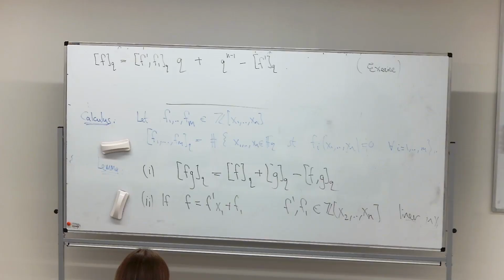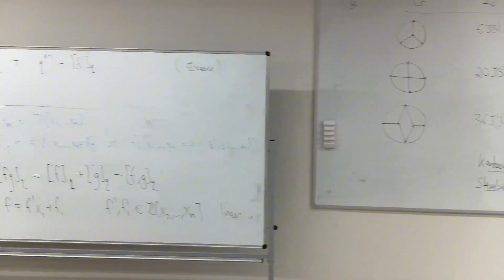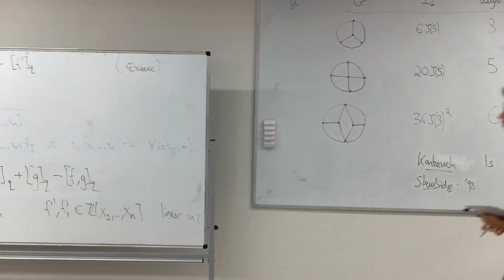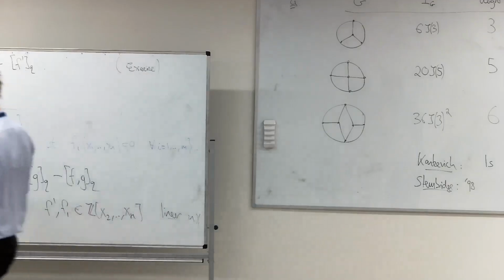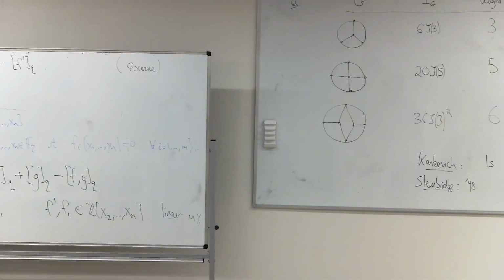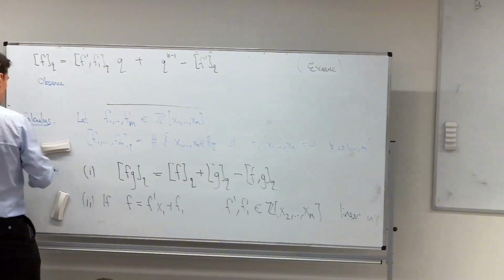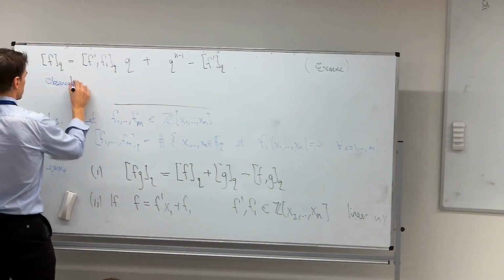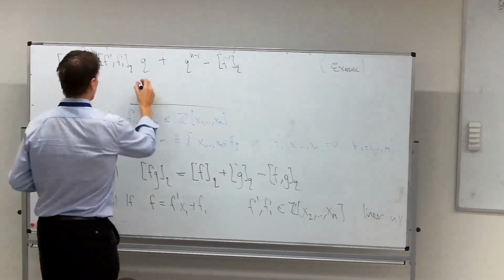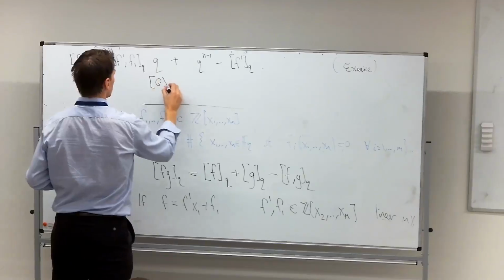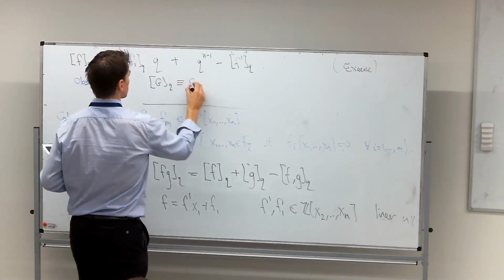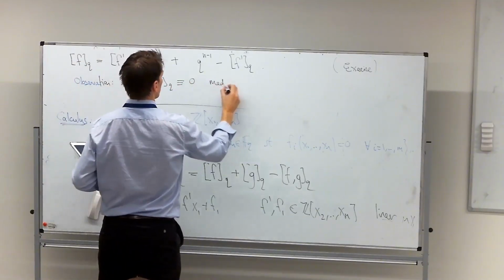Okay, so then it turns out after much thinking about this problem that in fact most of the information in this point counting polynomial is junk. It's just not interesting. So we observe, observation, that G_q is always congruent to 0 mod q squared.